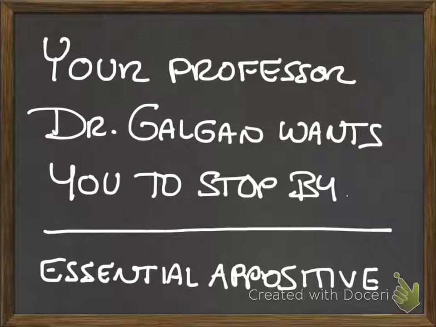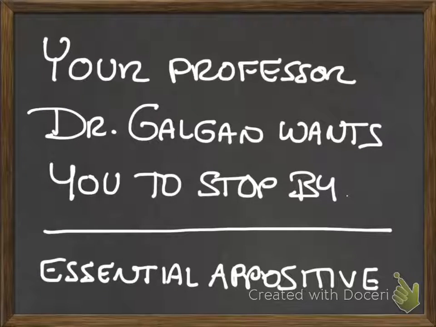Okay. So there are times when that appositive, that word or phrase that gives you more information about the noun, is absolutely necessary or essential to the sentence. You can see that here. If someone came up to you in the hall and said, your professor wants you to stop by, you would probably have no idea which professor that person was talking about.